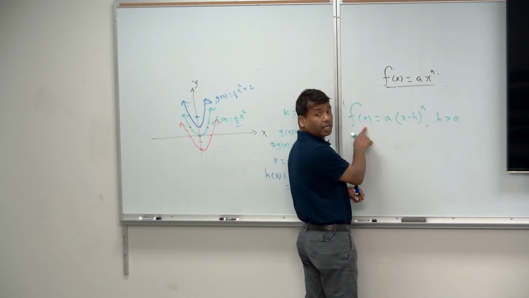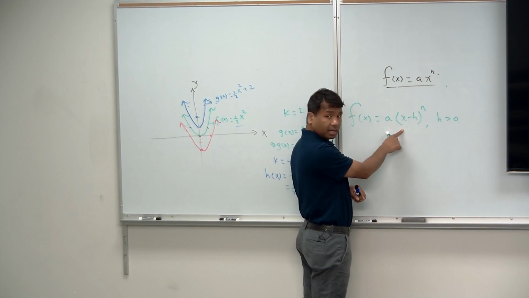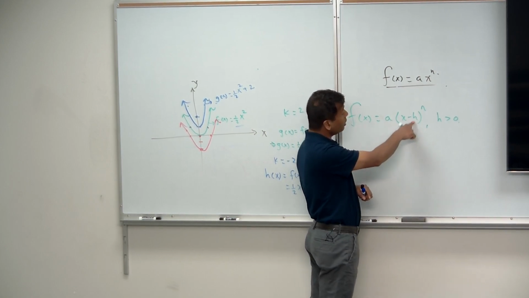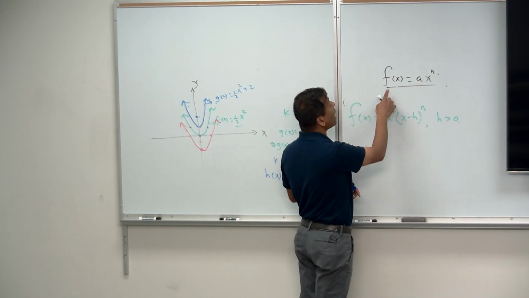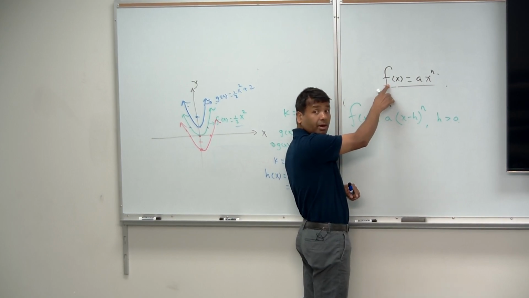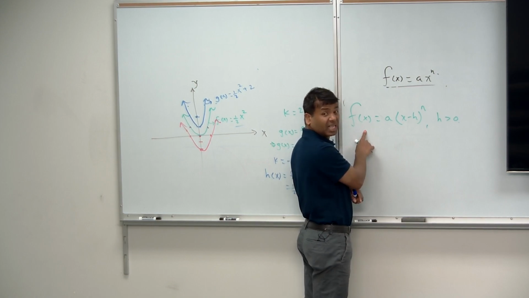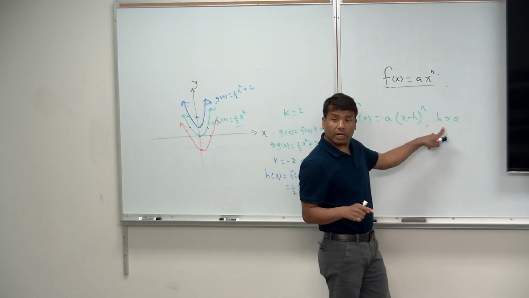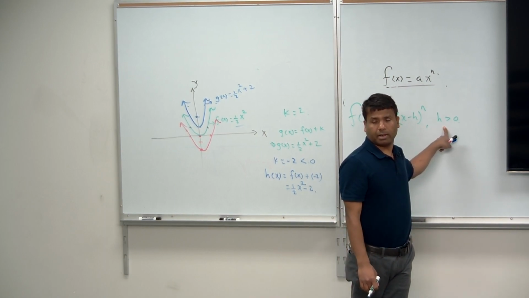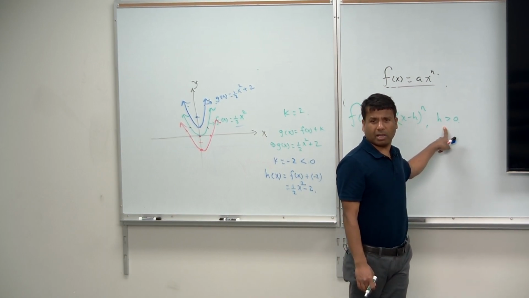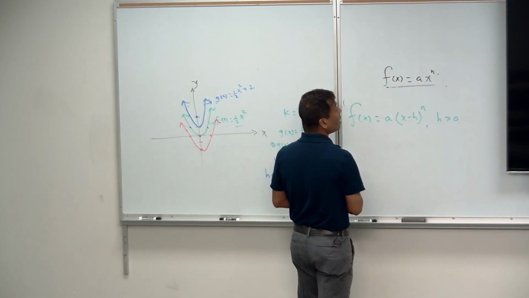Compared with the graph of f(x) equals a x to the power n, the graph of this function is shifted h units to the right. You see what I'm talking about? So the graph of this function is translated h units to the right.